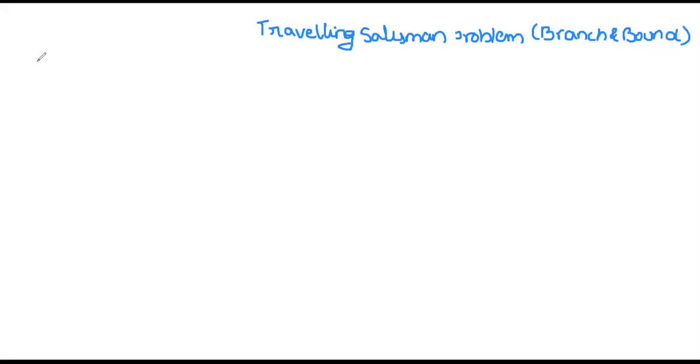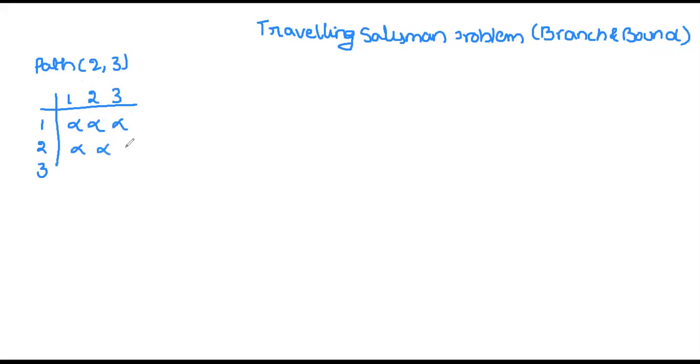So then we need to calculate path 2 to 3, by considering the matrix from the calculation of path 1 to 2. We will take it as input. So this is infinity, infinity, infinity, infinity, infinity, infinity, 0, infinity, infinity.